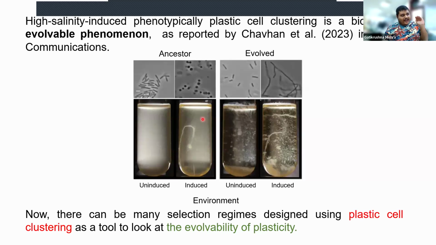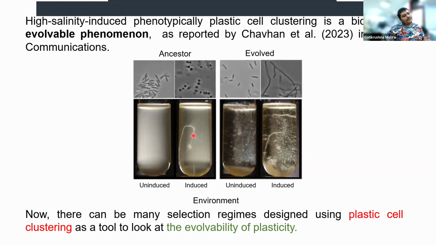So it might be a little bit much, so I will simplify it. They saw that bacteria can become macroscopically multicellular in high salinity. They tried to select for such a phenotype over 50 days with gradual reduction in salinity to see if they can fix this phenotype irrespective of the environment.